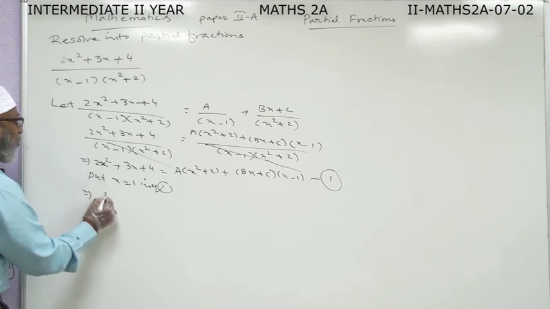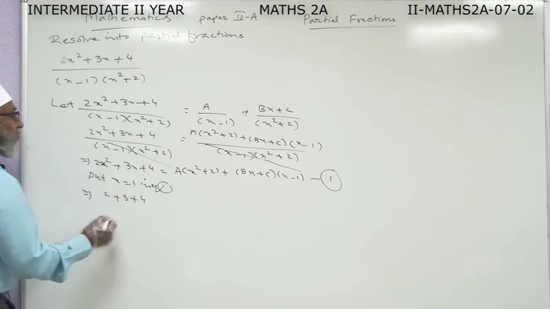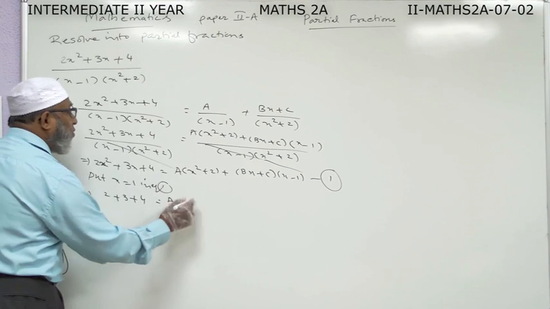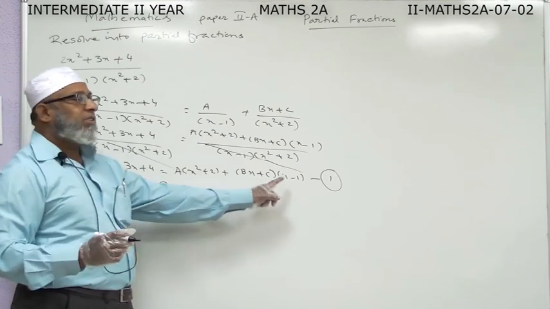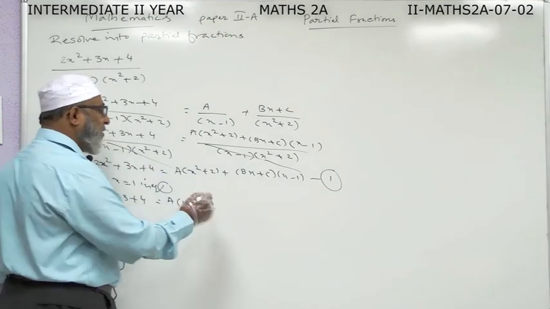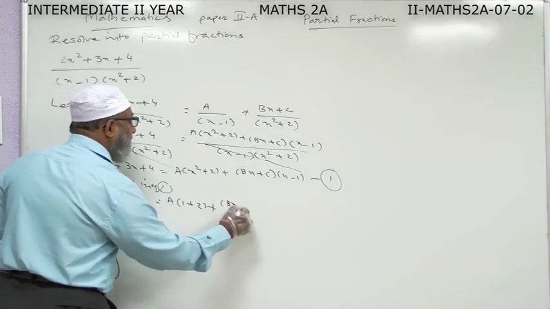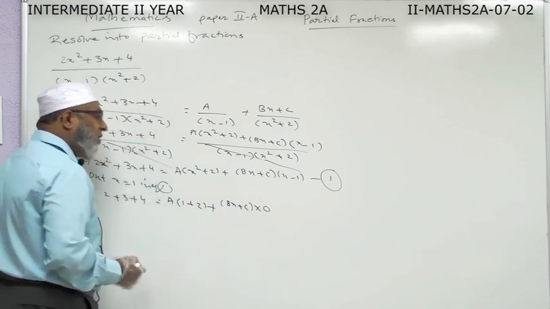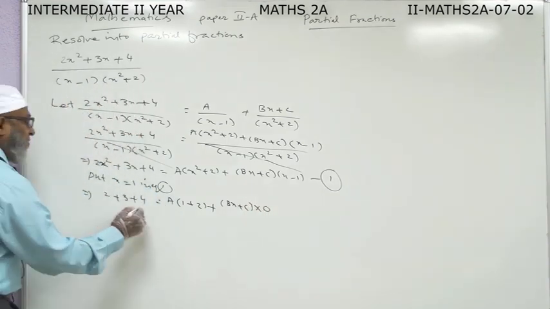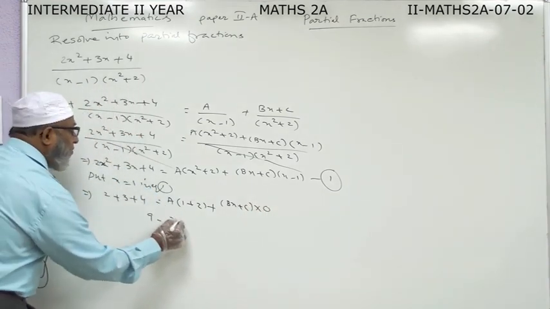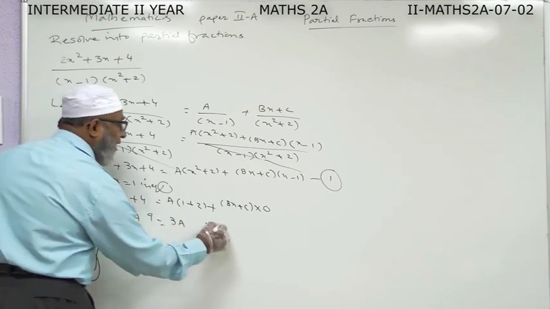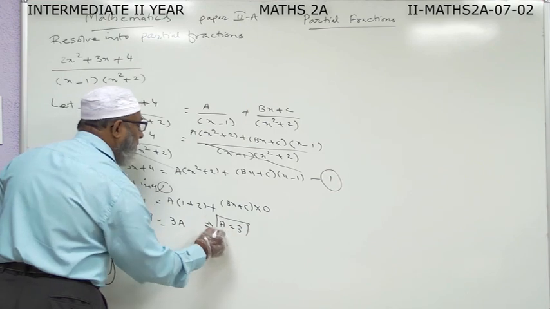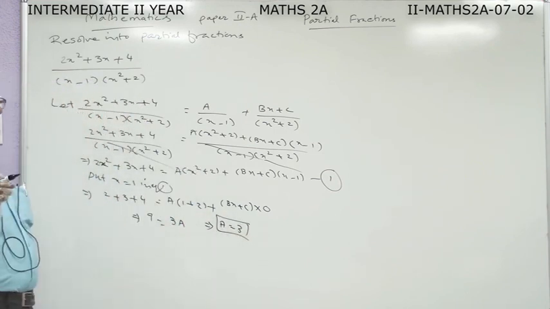This is 2 + 3 + 4 = A(1 + 2) plus, if I put x = 1, 1 − 1 is 0. Therefore (Bx + C) into this part will be 0, which gives me 4 + 3 = 7, plus 2 is 9, equal to 3A. This implies that A = 3. So, I got one value.